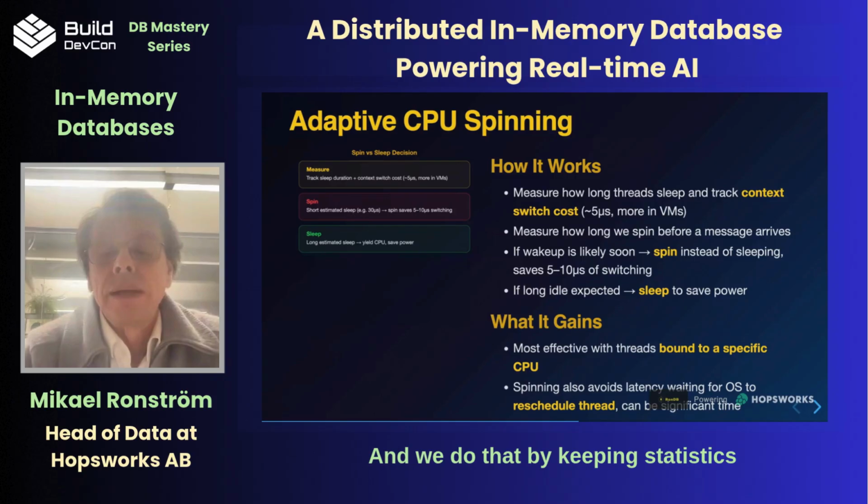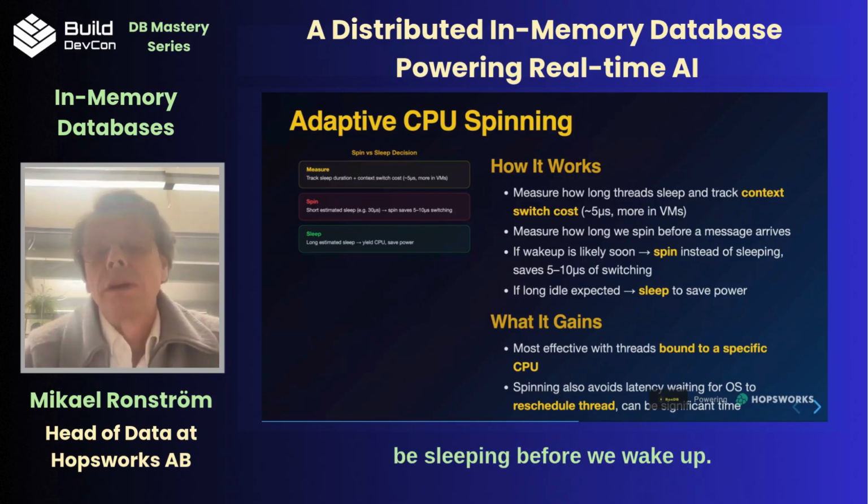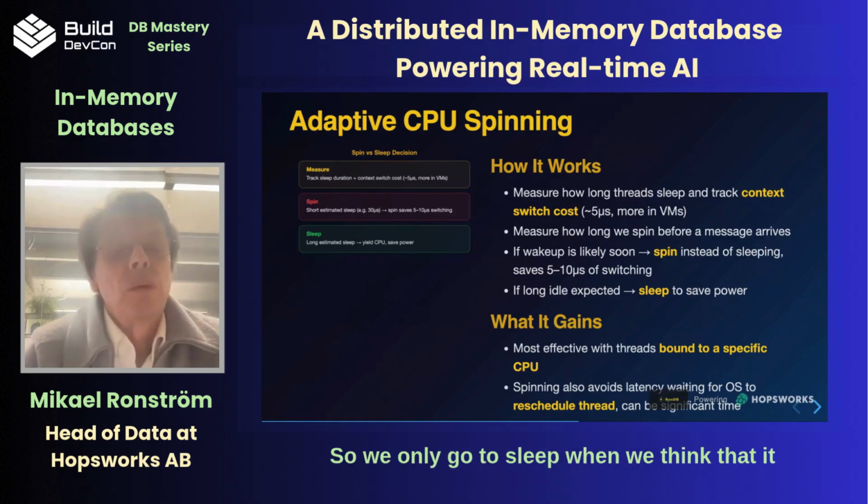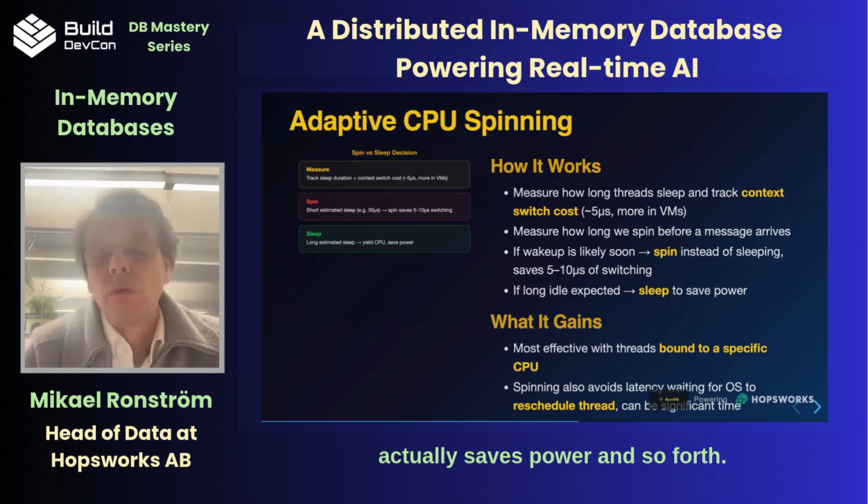And we do that by keeping statistics about how long we expect to be sleeping before we wake up. And if the sleep time is fairly short, then we decide to spin instead of going to sleep. So we only go to sleep when we think that it actually saves power and so forth. And obviously when we spin, we do it in an efficient way.